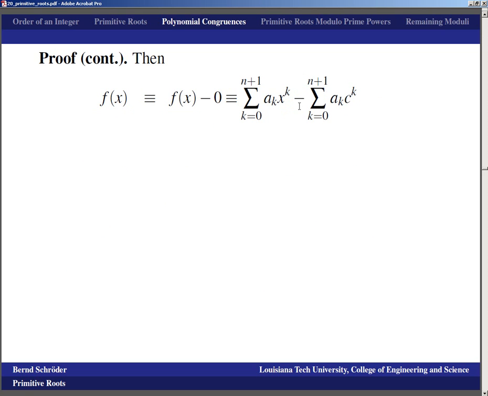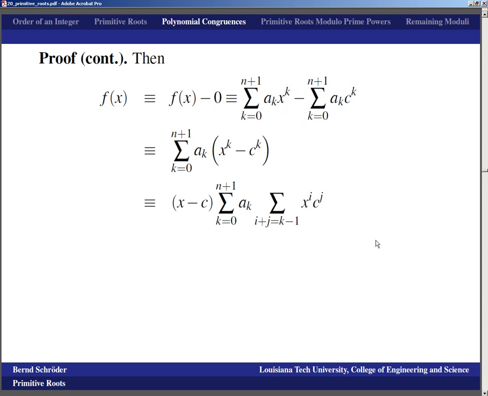And now we can factor out the sums and the a_k. So this is the sum k equals 0 to n plus 1 of a_k times x to the k minus c to the k. And out of this one, we can factor an x minus c. So this is x minus c, sum k equals 0 to n plus 1 of a_k, that's just kept. And basically x to the k minus c to the k is just x minus c times the sum over all i and j, non-negative, so that i plus j is k minus 1, of x to the i, c to the j.